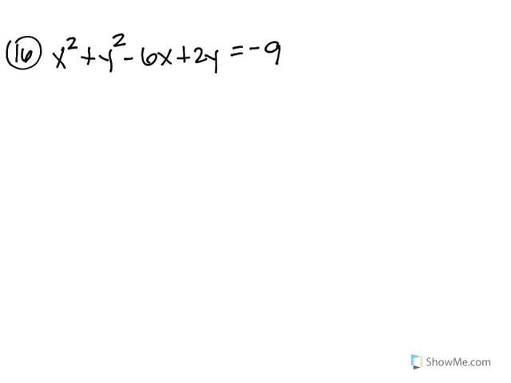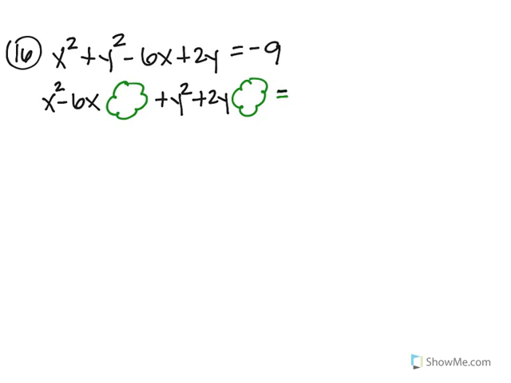So we're going to group our x's together and group our y's together. I use bubbles, but you can use spaces. I'm going to say x squared minus 6x and a bubble or a space because I need to put a number there. Do the same thing with your y's: y squared plus 2y and a bubble.